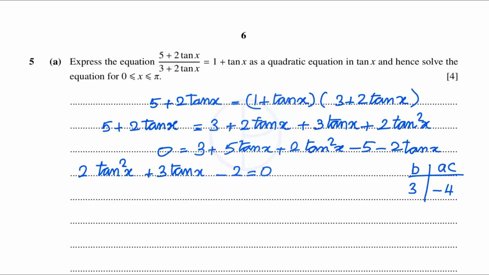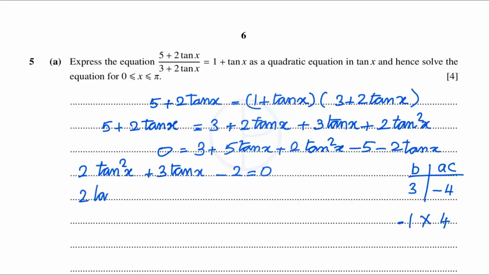So when you multiply, you need to get negative 4. When you add, you need to get positive 3. So 1 times 4 is 4. To get negative 4, we'll take negative 1 times 4.